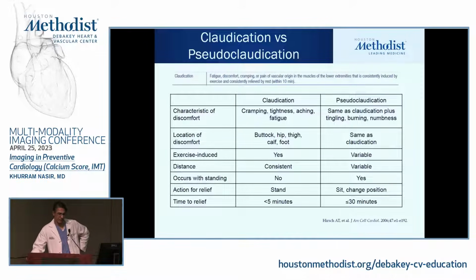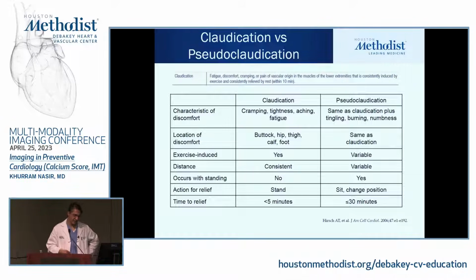And this is important because patients have a whole host of other conditions that can give them lower extremity symptoms. We call that pseudoclaudication, symptoms of the lower extremities that may not necessarily be of vascular origin. Those are often described as tingling, burning, numbness.